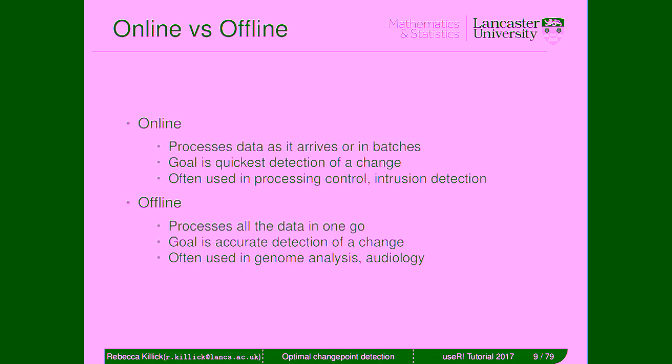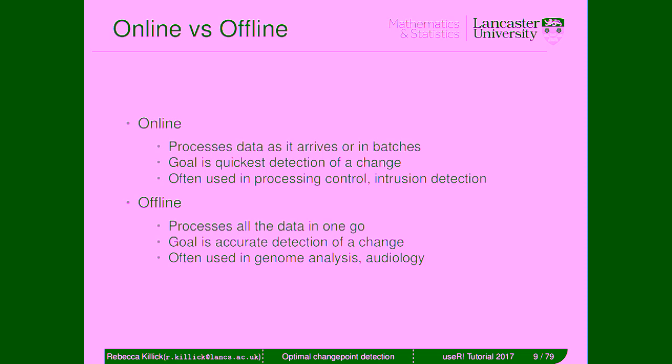all the time. So in offline change point detection, in contrast, you have all the data at the start. You're not expecting any more data to arrive. So you can obviously see there's a sort of overlap between the batch data and the offline data, in the sense that if you have batch data, but you can process all of the data in almost like an offline setting before any new data arrives, then that's just the same as an offline setting.